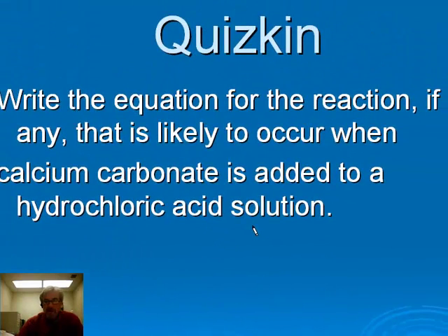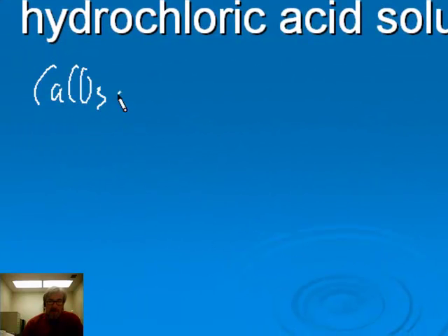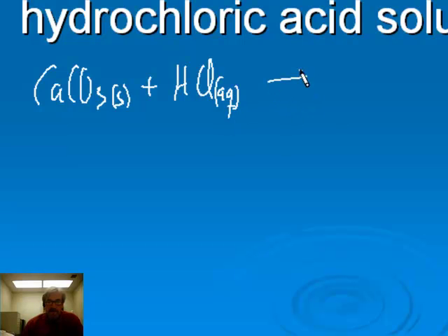Try this one. Calcium carbonate added to a hydrochloric acid solution. Calcium carbonate is insoluble, so when I write CaCO3 here, I put a solid after it. And this is added to a hydrochloric acid solution. Hydrochloric acid is HCl, and AQ indicates that it's in solution. All right, what are my products? HCl is an acid. Calcium carbonate is not a base, so this is not an acid-base reaction, but it is a carbonate salt.